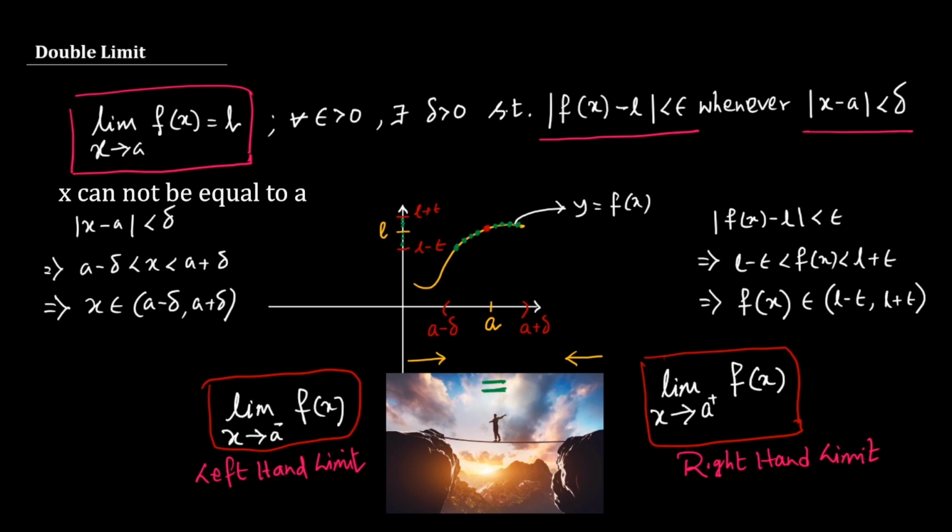Again I'm repeating: when x approaches a from the right side, wherever the functional value approaches, and when x approaches a from the left hand side, that is by taking lesser values, wherever the functional value approaches, if the two are the same, then we say that the limit exists.